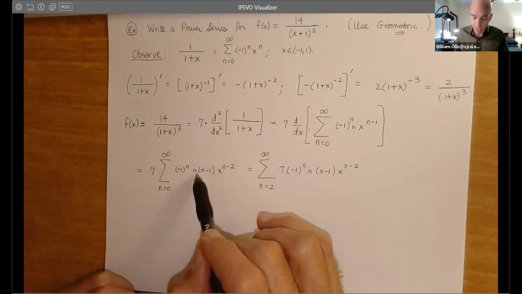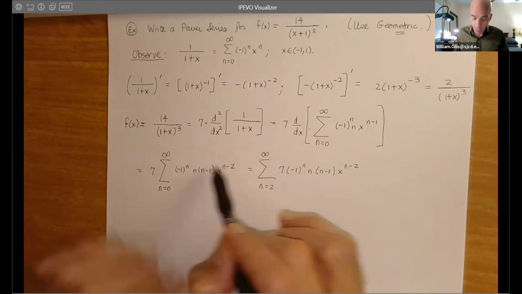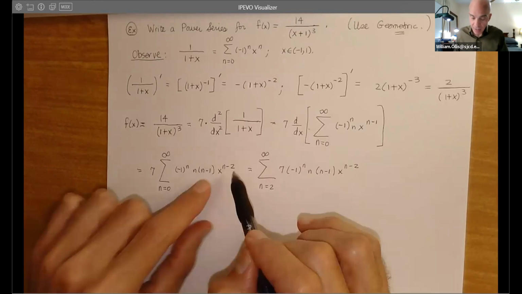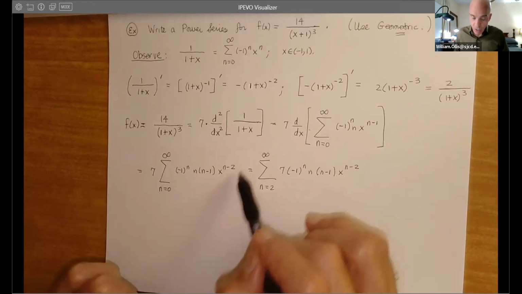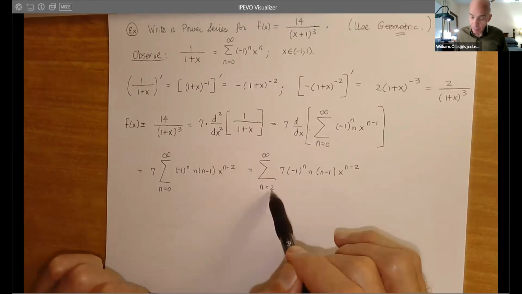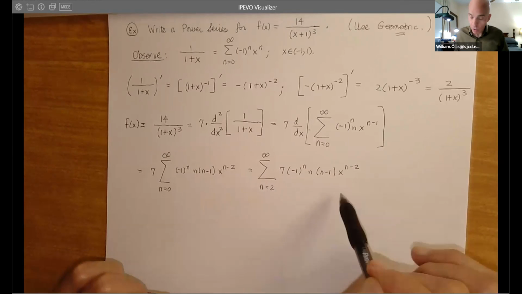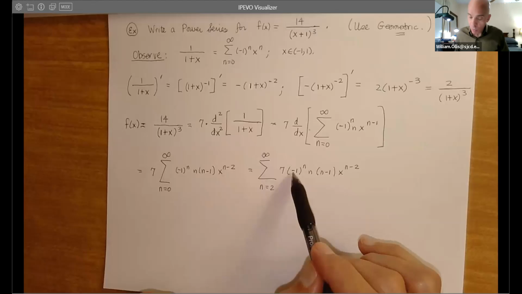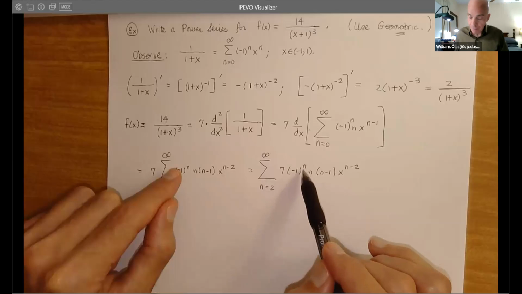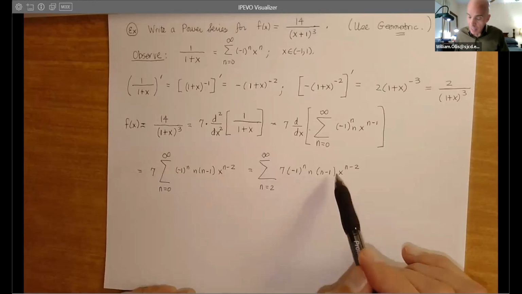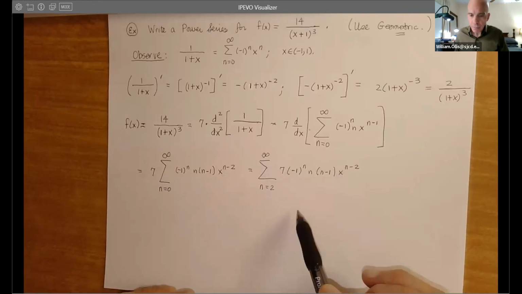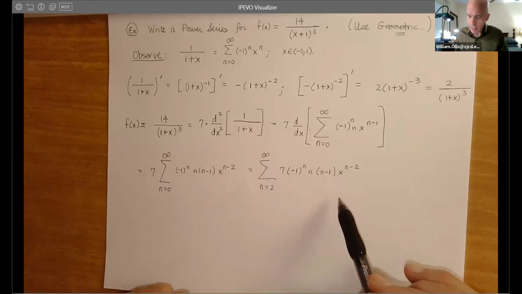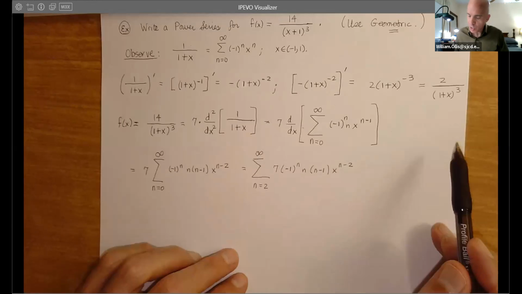So if we start at 0, then that's 0, that's gone. And if we start at 1, then that zeros, and that's gone. So now we just start the sum at 2, and that way everything is non-zero. So we have n equal 2 to infinity, 7 times -1 to the n, just bring the 7 on inside, n times n minus 1 times x to the n minus 2. Now, if you want, you can re-index this. It's no big deal.